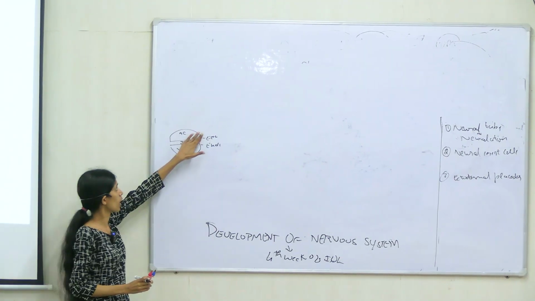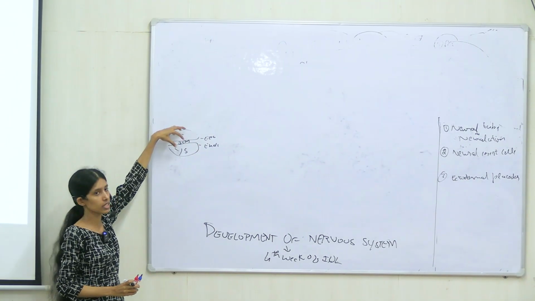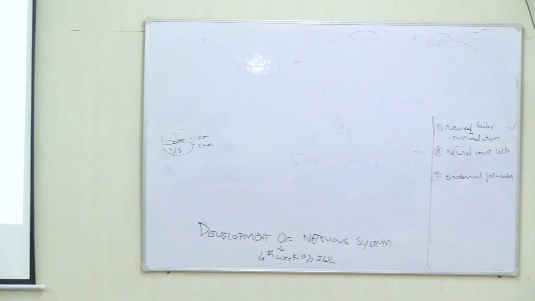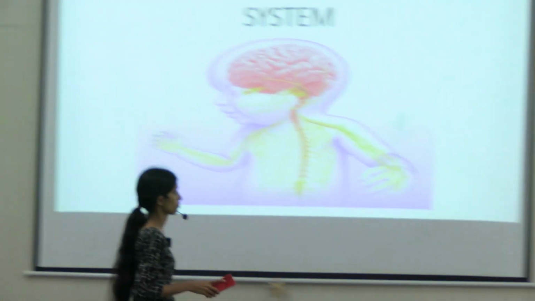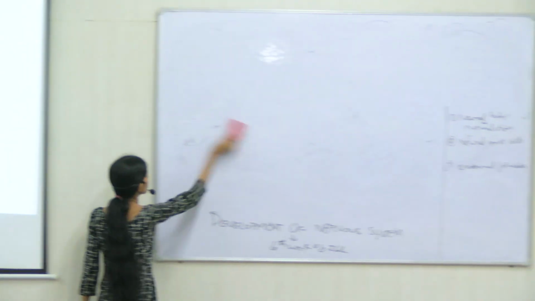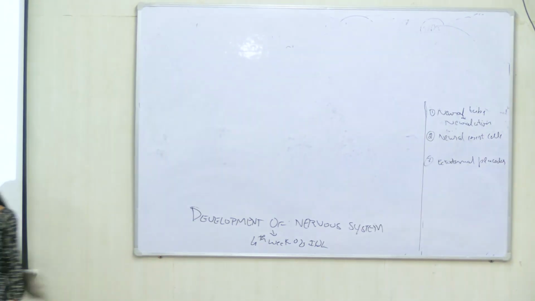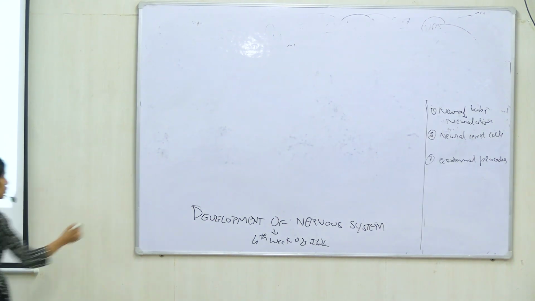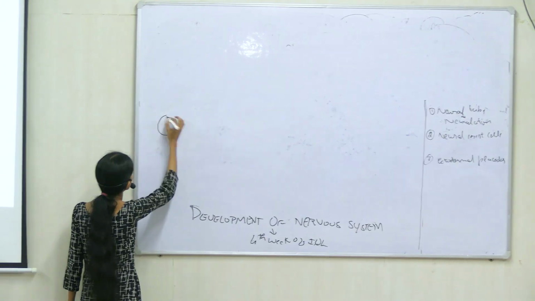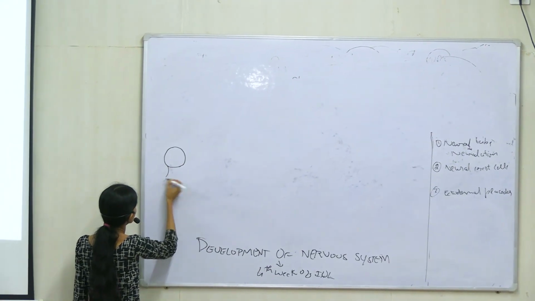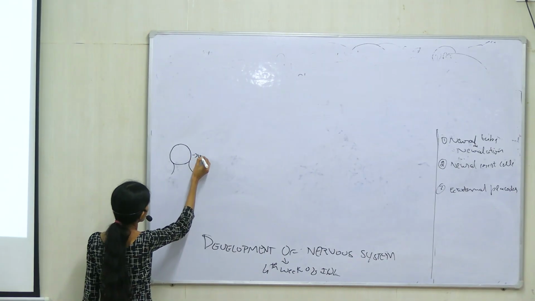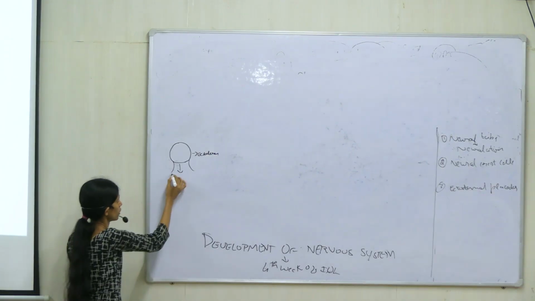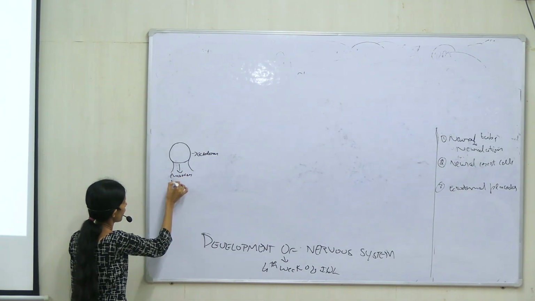Now I will remove this amniotic cavity part and I am seeing this structure from the top view. This is how the structure will appear. This is your ectoderm part. Below this we have all the mesoderm and endoderm.